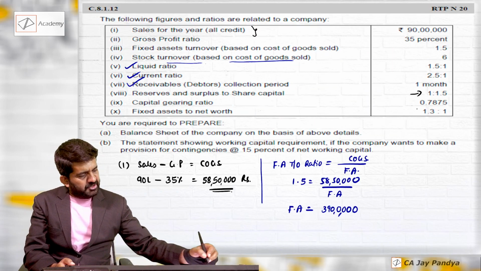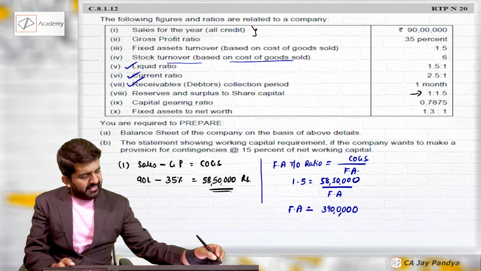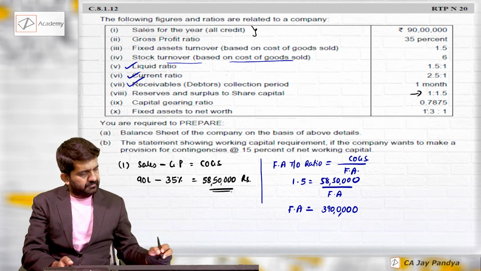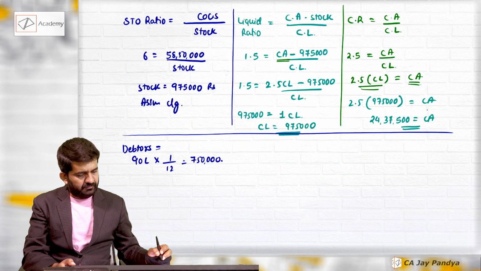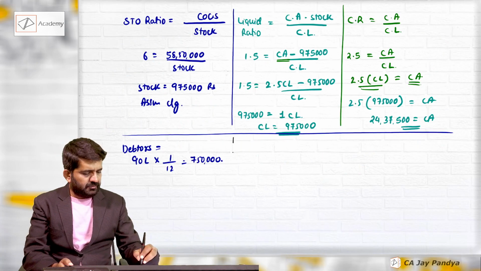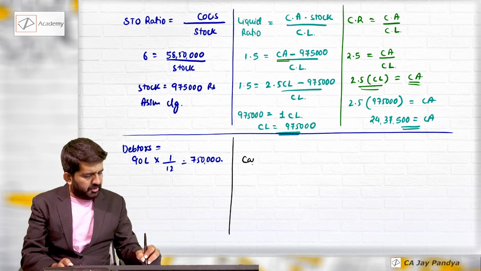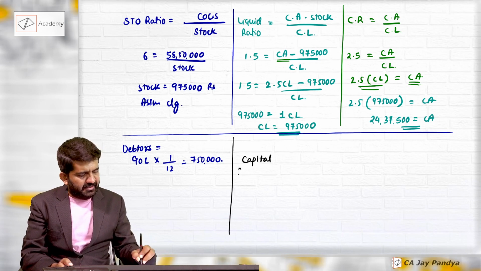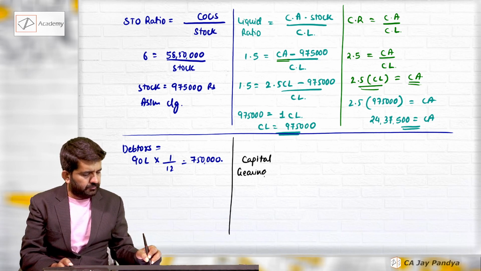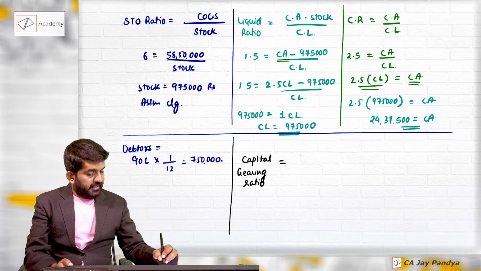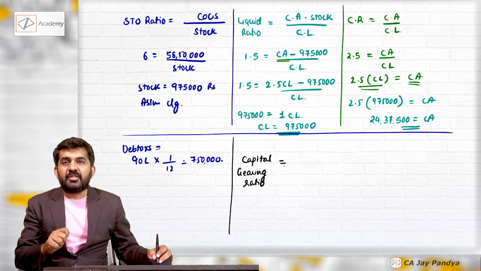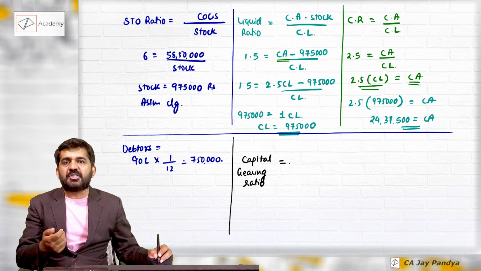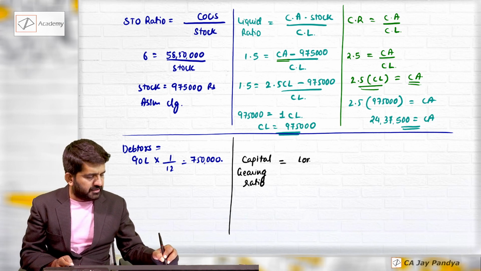Capital gearing ratio, 0.7875. Please understand what the capital gearing ratio is. It is instruments or things which carry a fixed rate of interest.